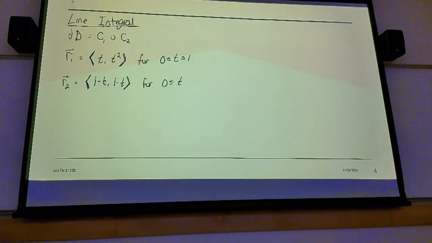Because if you did the negative, then that's saying that you're starting at 0 and ending at -1, which is clearly not what this path does.